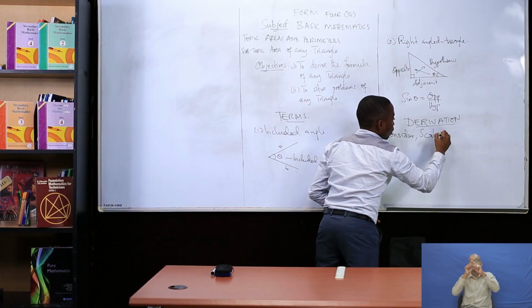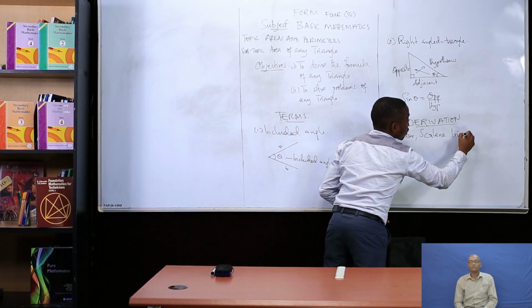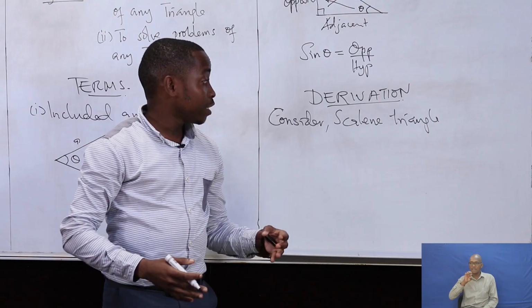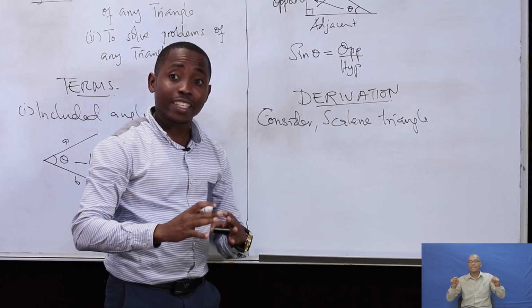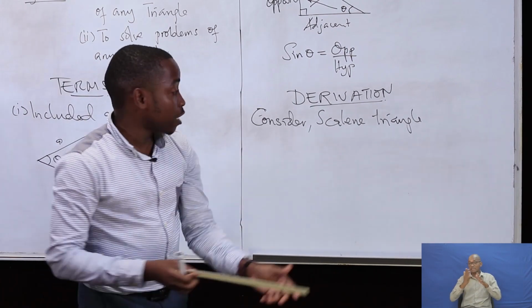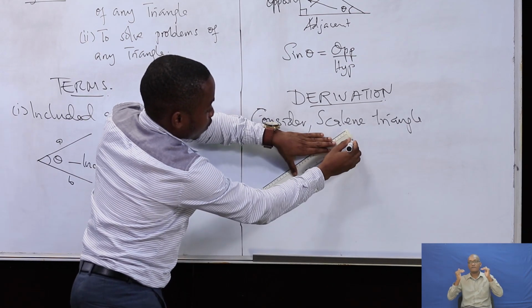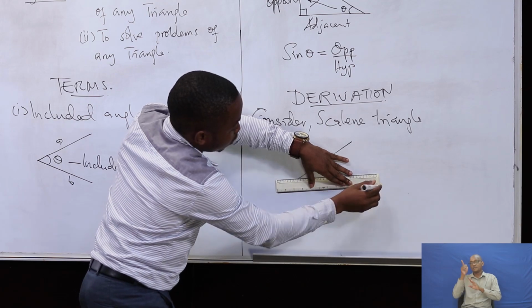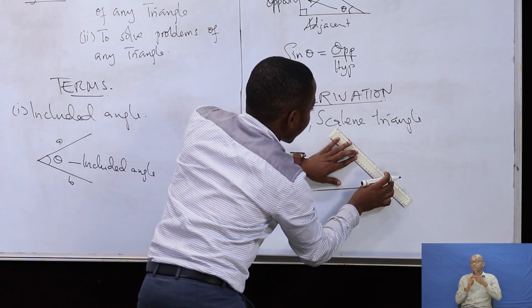As we know, a scalene triangle is a triangle in which all three sides are not equal. So for example, we have our scalene triangle like this one. The first side is this one, the second side, and let's say here we have the third side.